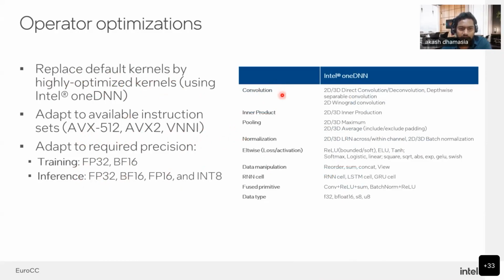The idea behind showing you those operations is that in DNN you have convolution operations, and different kinds of operations like pooling, normalization, and data manipulation. With operator optimization, it replaces all these operations with Intel oneDNN ones. It substitutes those PyTorch or TensorFlow operations with oneDNN operations, so that your application can become very adaptable to the Intel architecture.